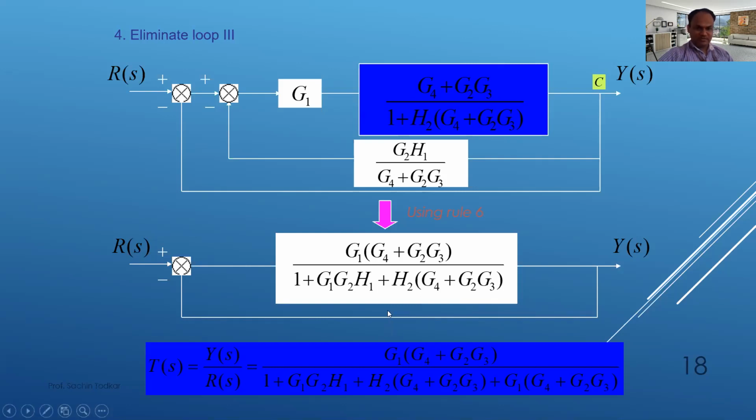Now again there is one feedback loop, and this feedback loop is hidden. If no block is shown but the arrow is shown, it means that there is a feedback function of value 1, that is unity.